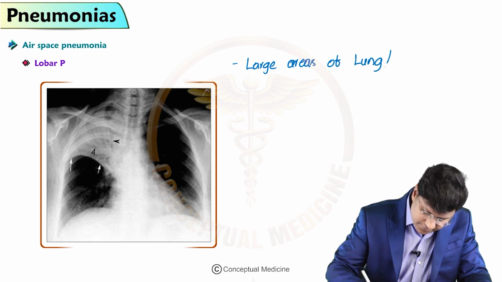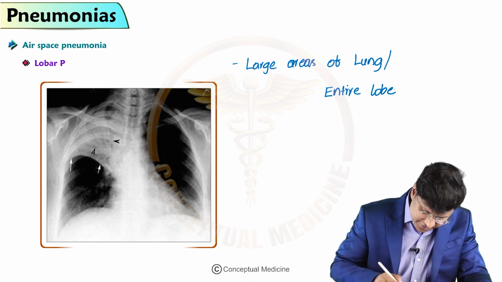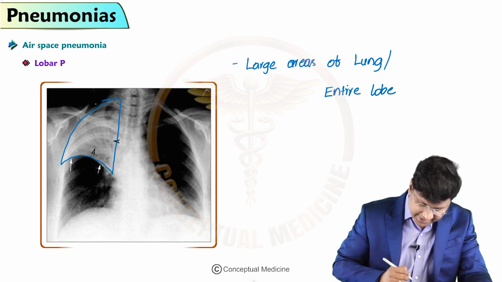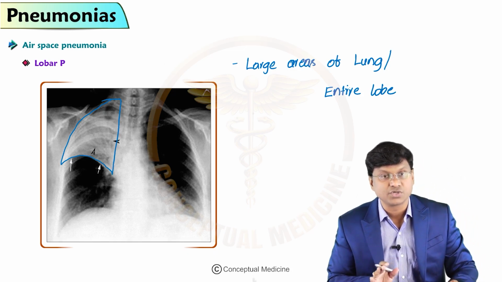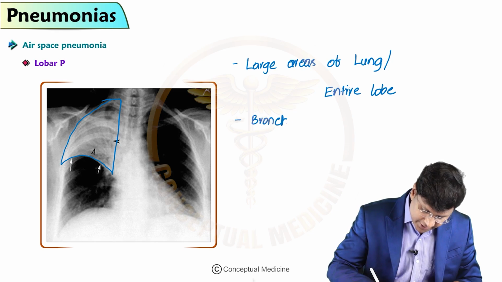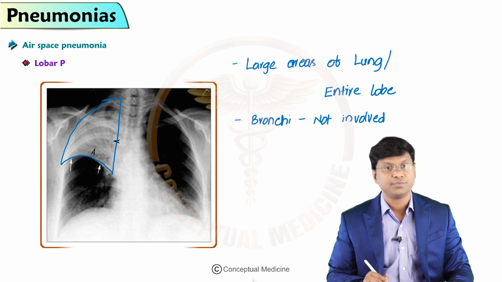You can observe here that it is mainly the upper lobe of the lung that is consolidated. And you have to remember that in case of airspace pneumonia, the bronchi are not involved in lobar pneumonia.